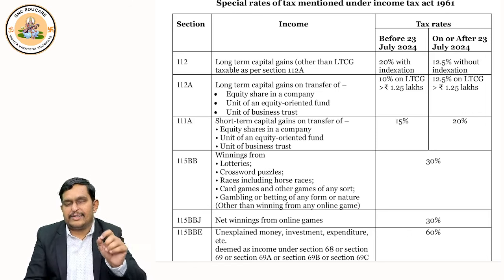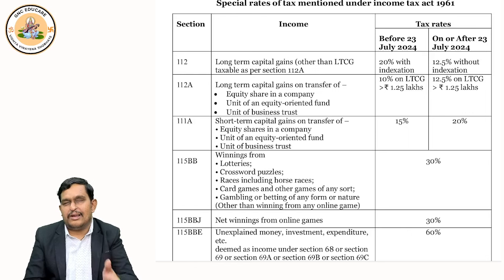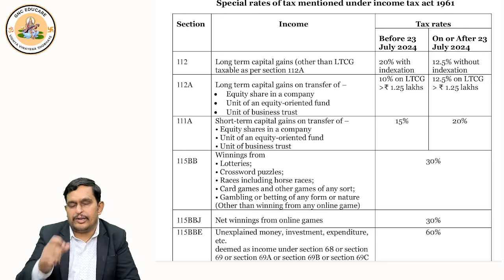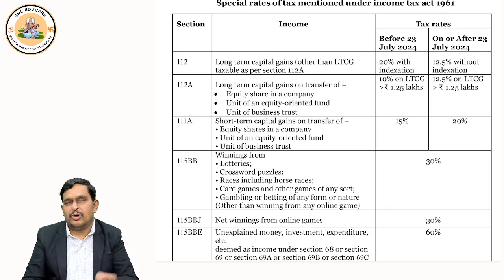On 1st Feb 2024, government brought its budget. Every 1st Feb they bring it. Along with the budget, Finance Act is also introduced. So on 1st Feb 2024, Finance Act 2024 was brought. And whatever rates are mentioned there, I discussed till now.